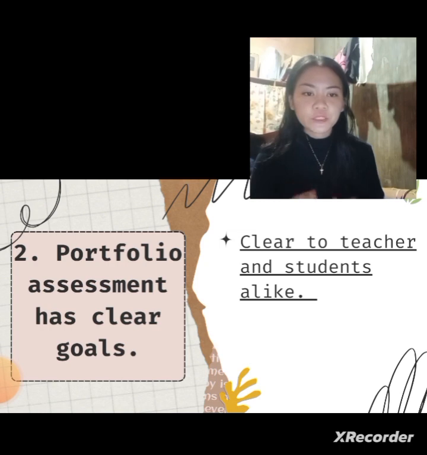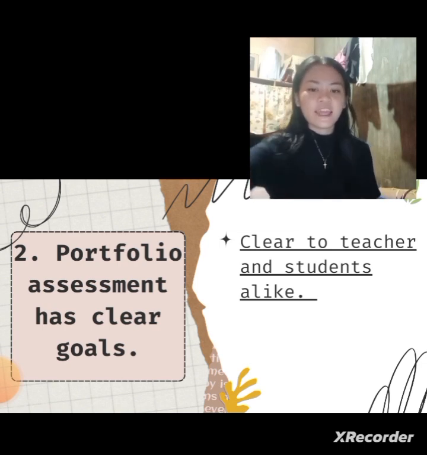In portfolio assessment, however, the students control the items to be included, and therefore it is assumed that the goals are achieved.